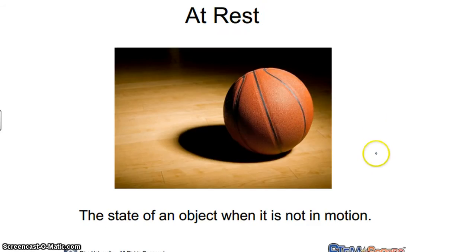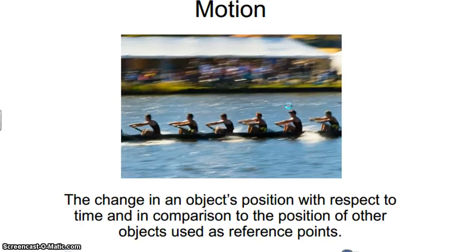The next thing is when an object is not moving, we call that at rest. So at rest is our next definition. The state of an object when it is not in motion. If this is the case, not in motion, we know we must have balanced forces. Well, what is motion? Please add motion to your definitions.